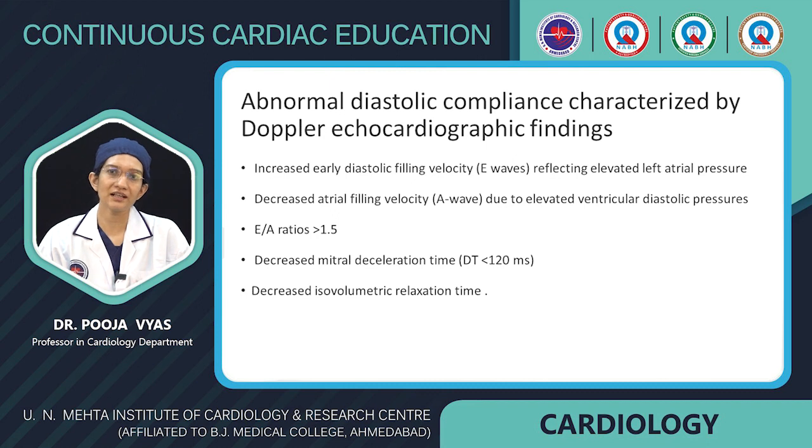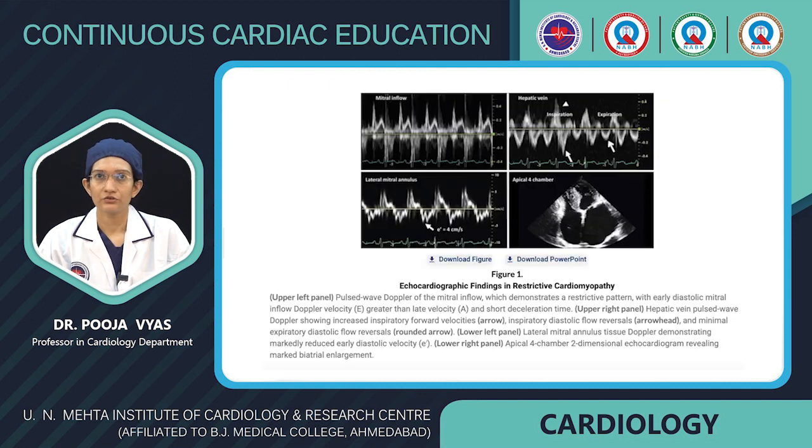So the E/A ratio will be more than 1.5, with decreased mitral deceleration time to less than 120 milliseconds, and also decreased isovolumetric relaxation time. In this image we can see an increased E and E/A ratio on the left side, where the Doppler image of the mitral inflow is given.